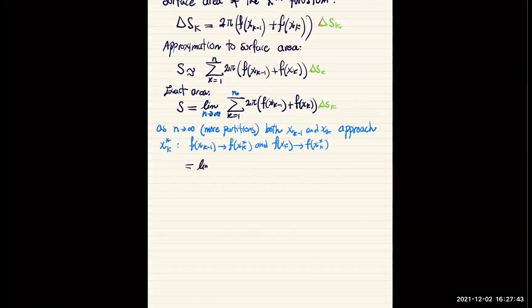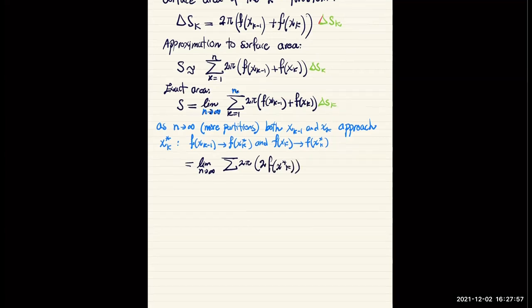Limit as n goes to infinity of the sum 2 pi times 2 f of x_k star times the increment of arc length.